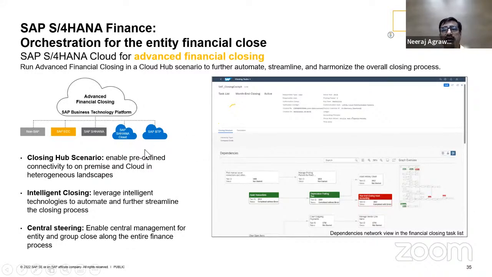If something is stuck in one of these systems, you can see where you are stuck, and that particular team can be informed through the workflows. They can work on it and do the things. So everything would be running in parallel, and everything can be done in a very robust manner across the systems.